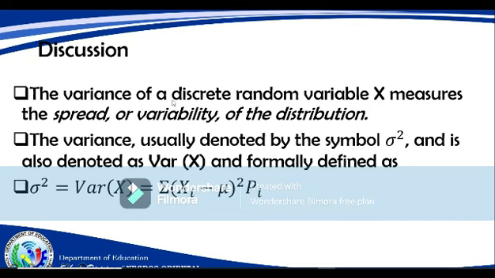Now, the variance of a discrete random variable x measures the spread or variability of the distribution. The variance is usually denoted by this symbol, and is also denoted as Var of x, and formally defined as this one. It can have the symbol or Var of x, or it could be the formula, summation of x sub i minus the mean quantity squared times the probability of i.